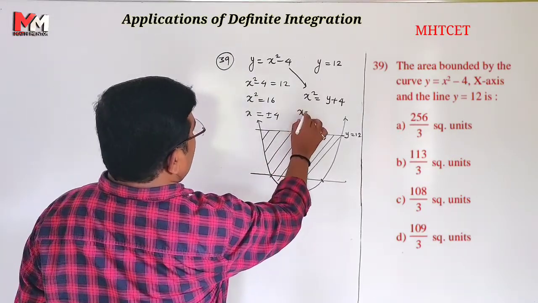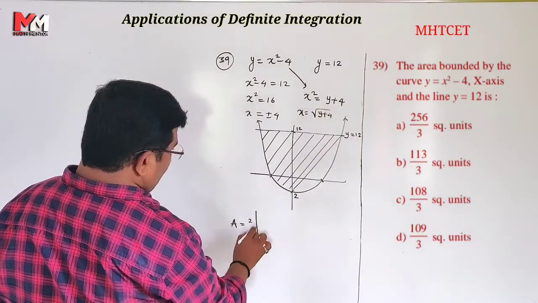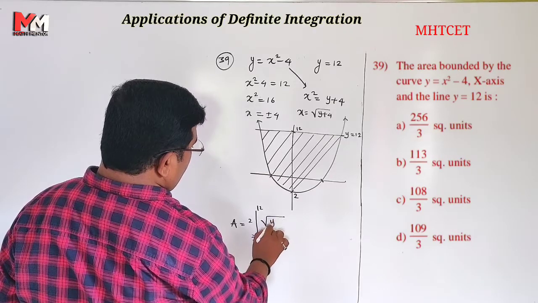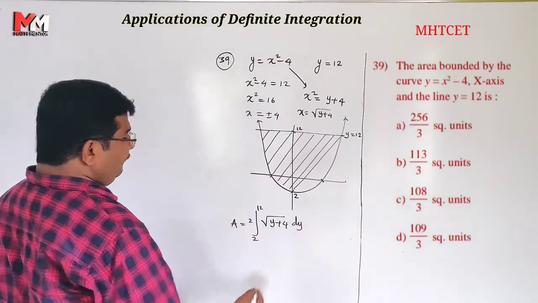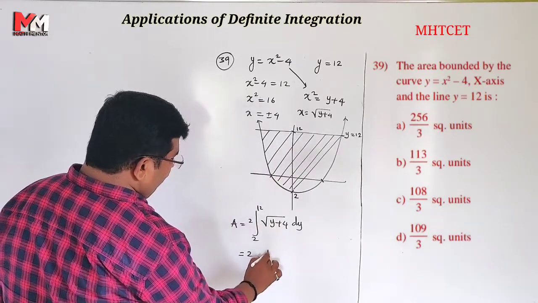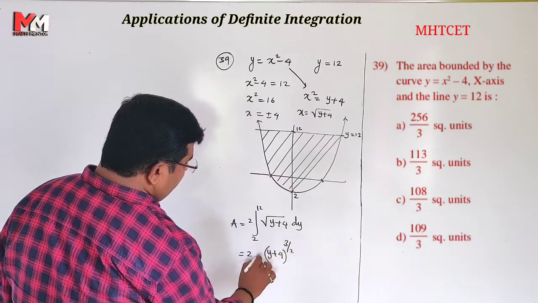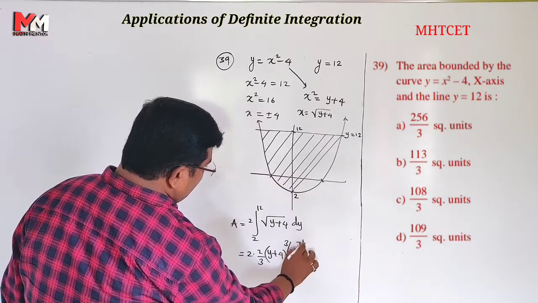So x is equal to root of y plus 4. Integration twice, 2 to 12, root of y plus 4 dy. We have to integrate it with respect to y, twice, because it is a double. y plus 4 raised to 3 by 2 into 2 by 3 from 2 to 12.